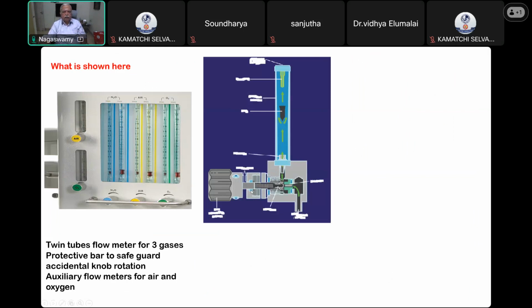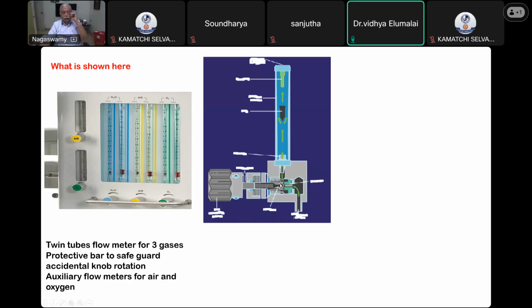Now this is the inside of a flow meter, a flow tube with a control knob. This is the picture where I have masked all the names. Can you name all the parts of this whole system? The knob with the flow tubes. Starting from here, there's a knob. This is the knob.